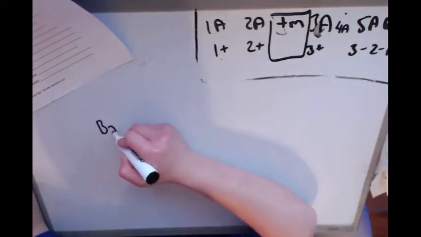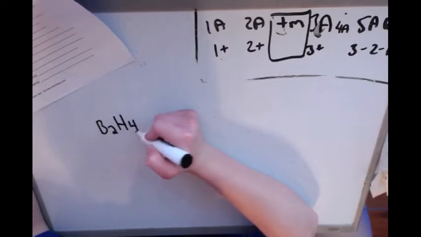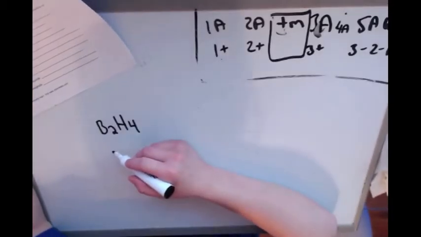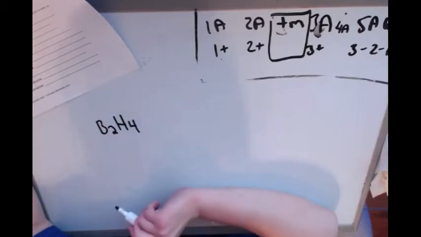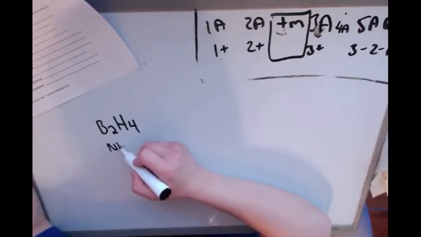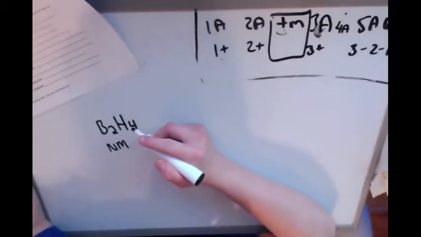Next is B2H4. Boron is a metalloid. I told you this worksheet was treating metalloids as nonmetals, so I'll write that. And H4, I told you hydrogen can function as a cation or an anion.